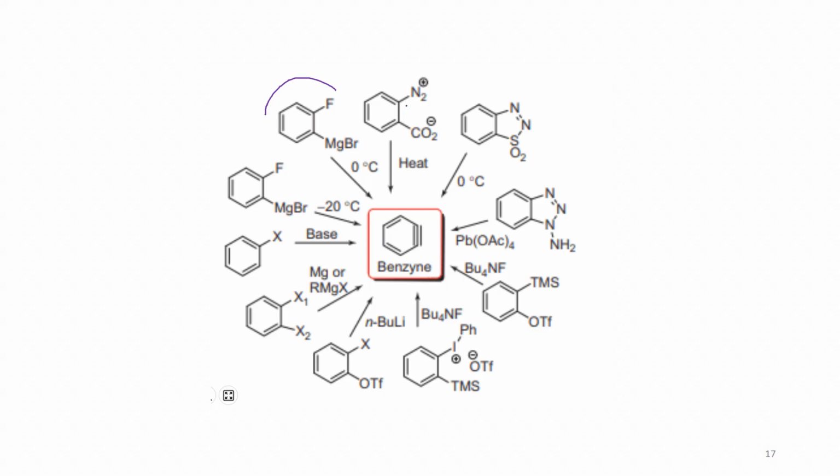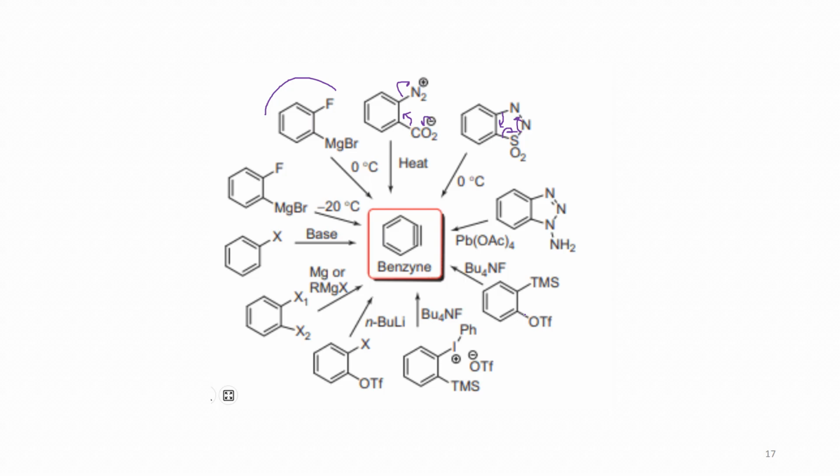There is another possibility: if it comes here, this N2 will be removed from the system. There are some different probabilities there.